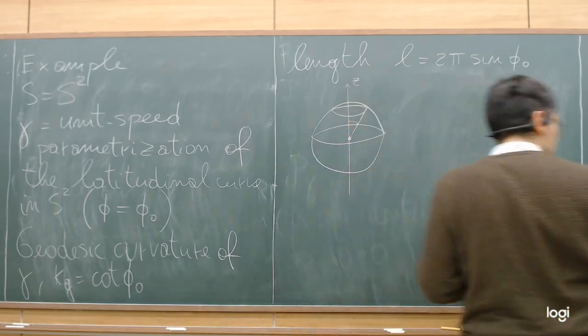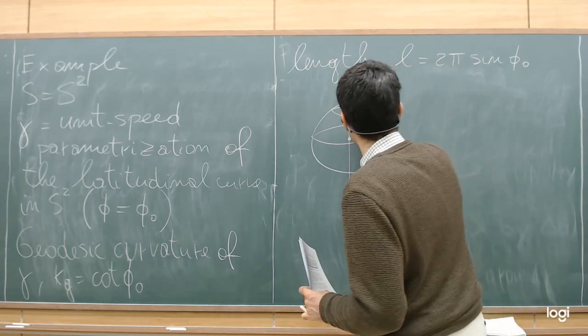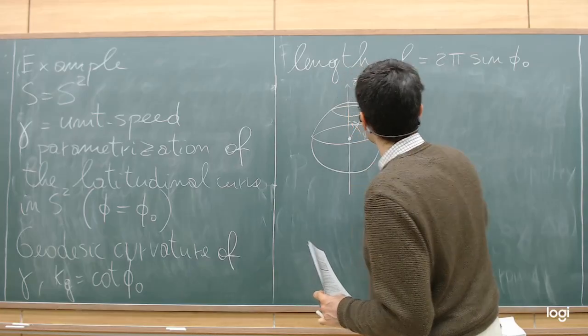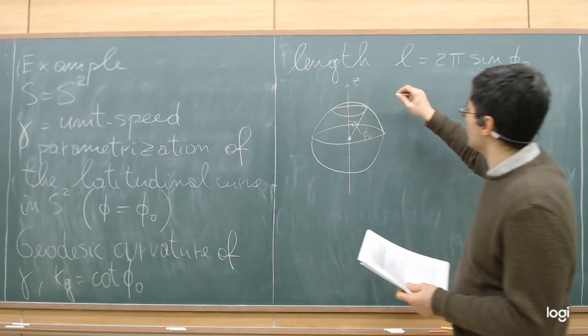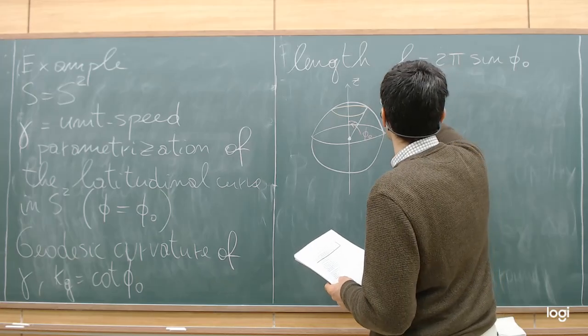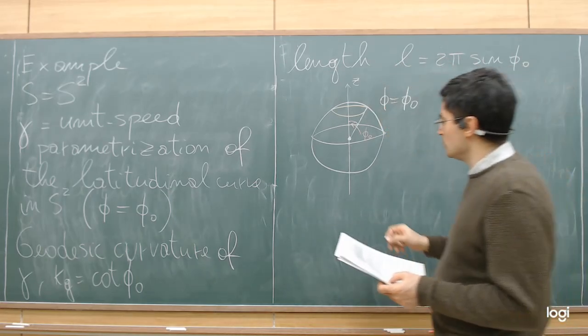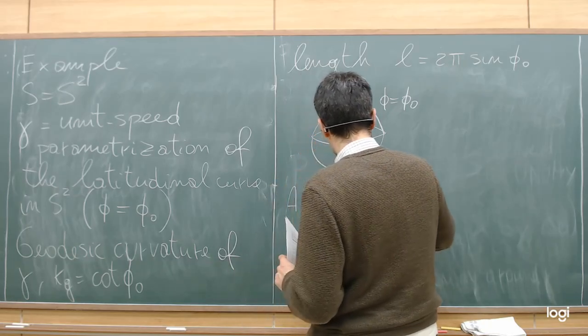Let's use another color. So this is a latitudinal curve phi equal phi 0. What is the value of the angle displacement?